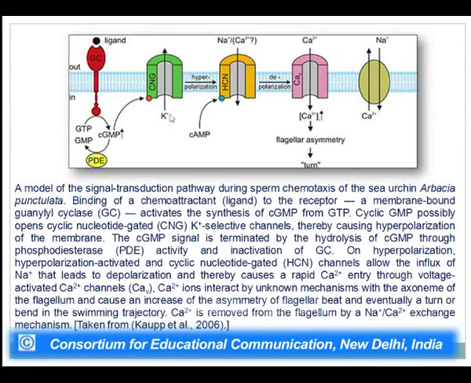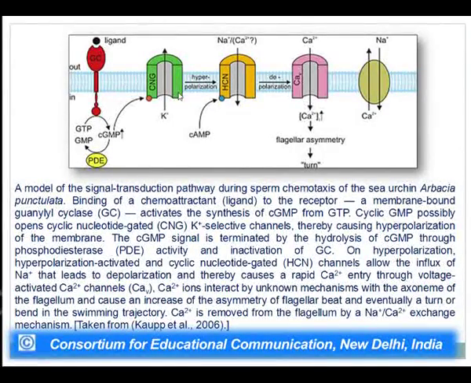So it causes the opening of these potassium channels, thereby causing the hyperpolarization of the membrane. The cGMP signal is terminated by the hydrolysis of the cGMP through phosphodiesterase. There is a PDE activity present, and therefore the cGMP is inactivated, also causing the inactivation of the GC.